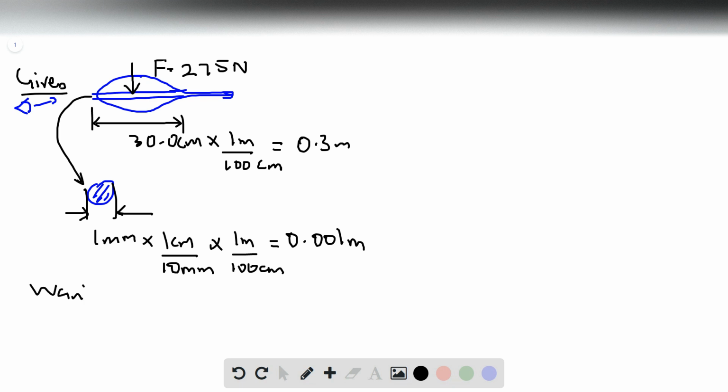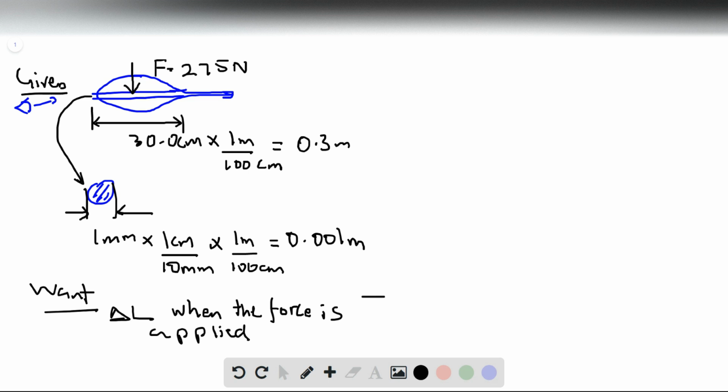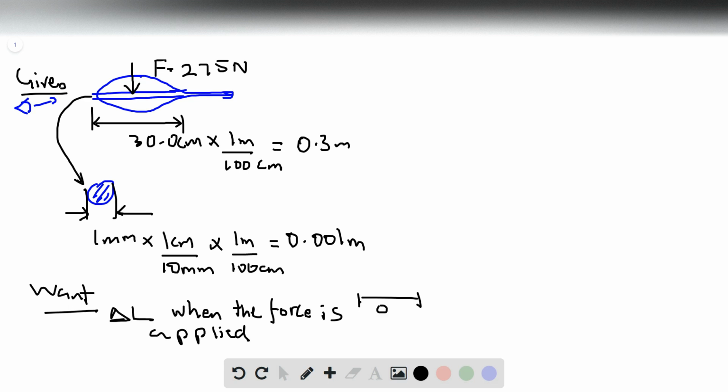In this problem, we want to find the change in length when the force is applied. So what we're saying is that the initial length is 0.3 meters, and then when the force is applied, it stretches.